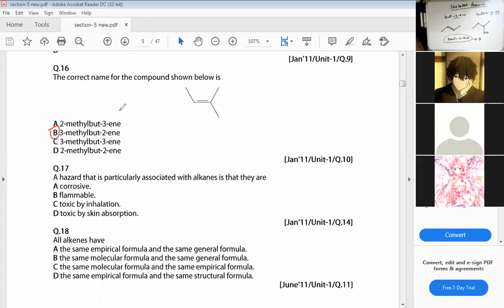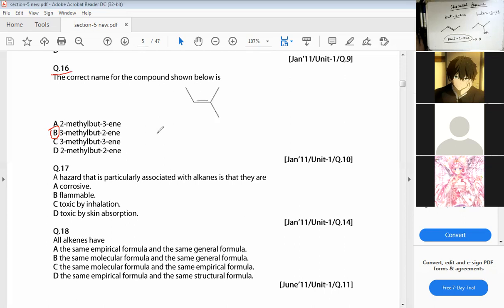Maria, can you say what should be the answer for 16? There is a skeletal formula. What should be the name? 3-methylbutene. Talal? Sir, Maria, tell.